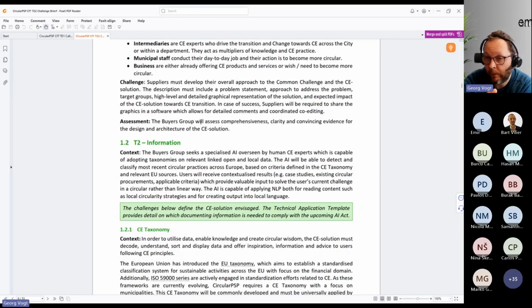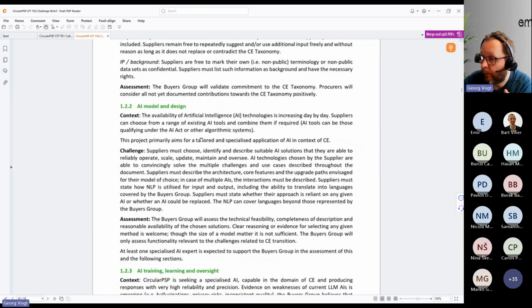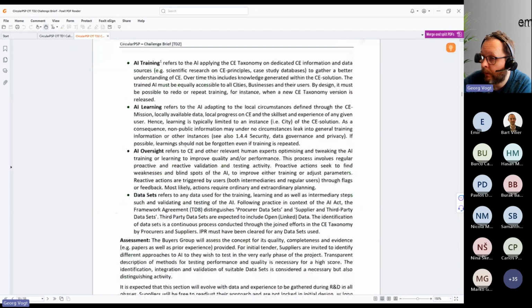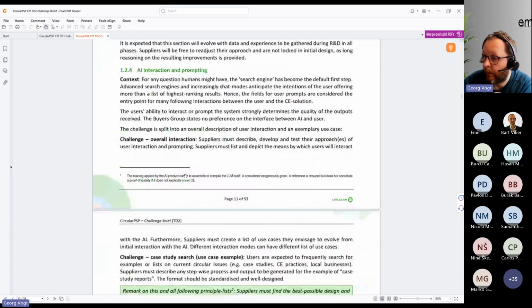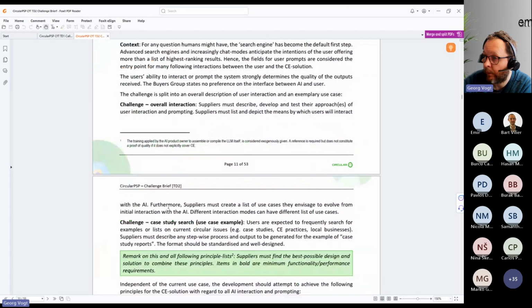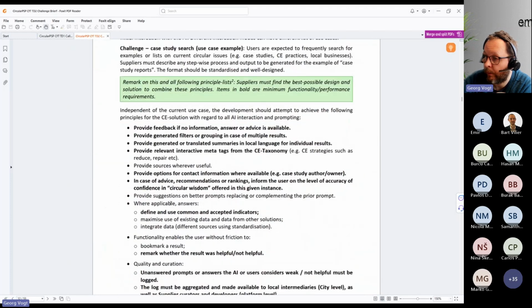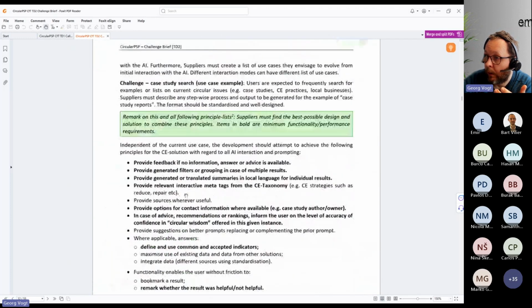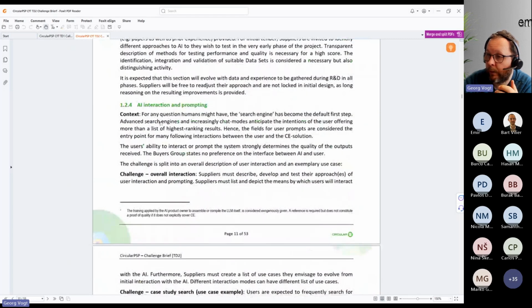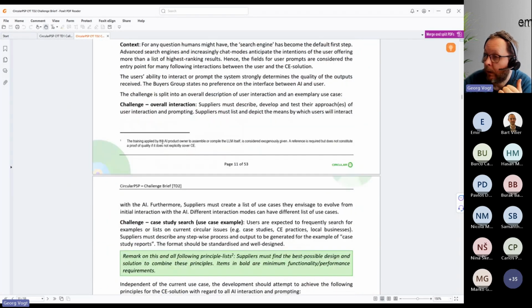So this comes back to the question of how we are going to assess certain criteria. For instance, for AI, there is a challenge and the assessment of how prompting should be, how the interaction of the AI with the users would be, and how you maybe do prompting if you do prompting.